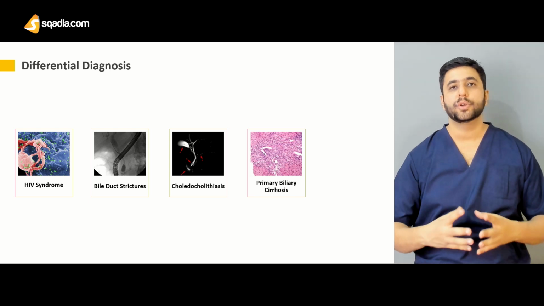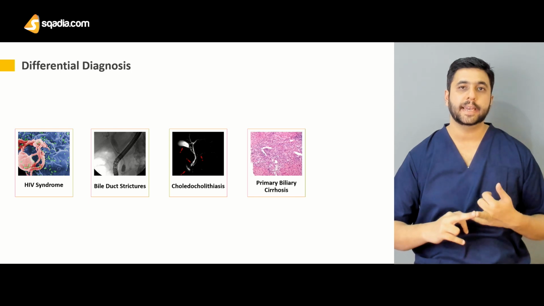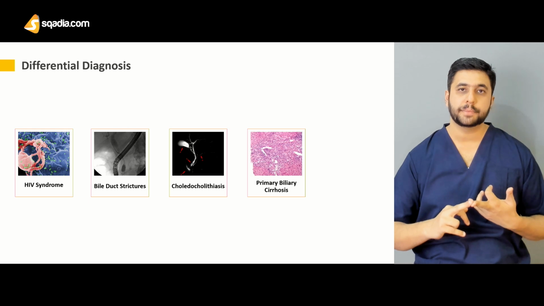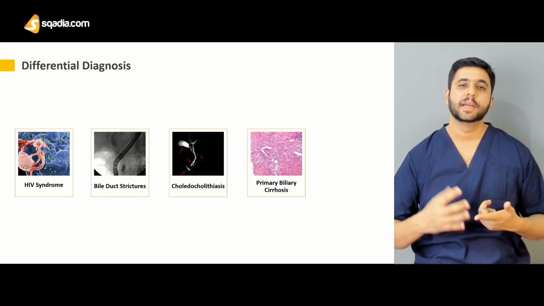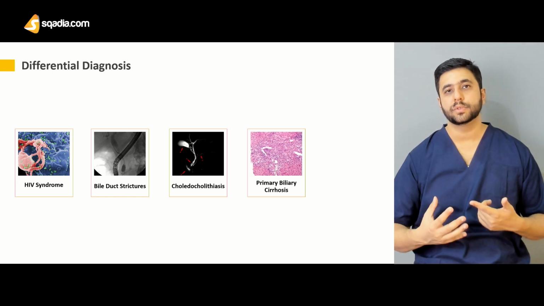Since it is an autoimmune process, it has associations with certain autoantibodies like ANA. Along with that, anti-smooth muscle antibodies are present in patients with primary biliary cirrhosis. Along with that, there will be a certain type of lymphocytic infiltrate, which will not be found in patients with primary sclerosing cholangitis.